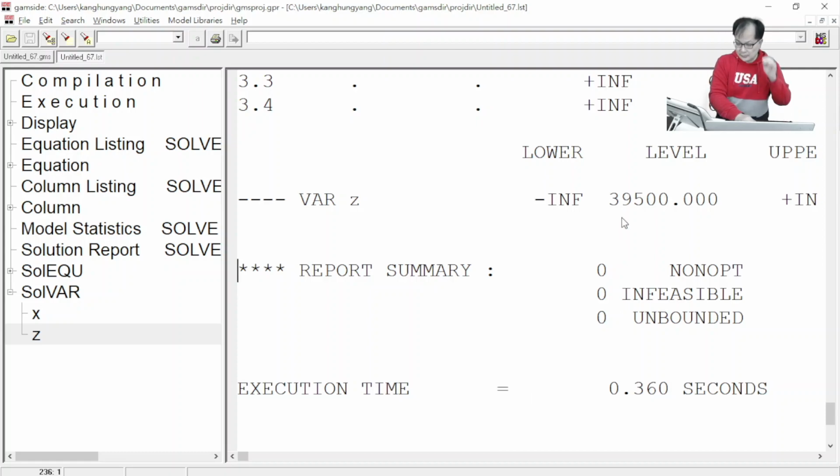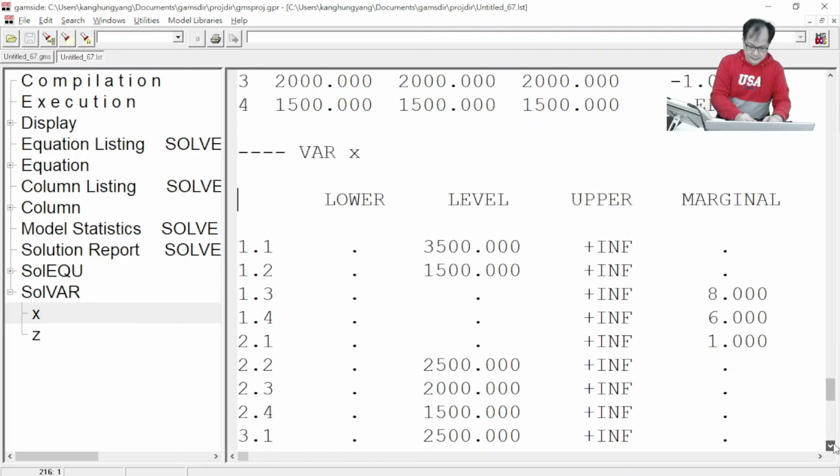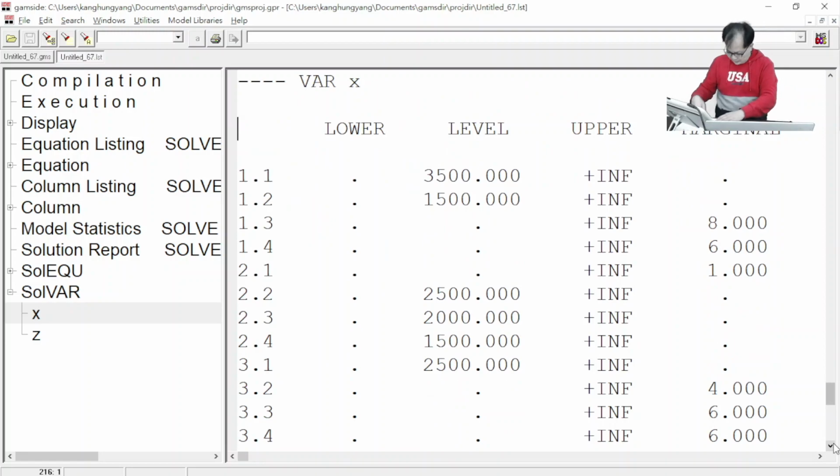So the objective value is 39,500, and we'll see the x here. We can write down the answer and check if it makes sense or not, right?